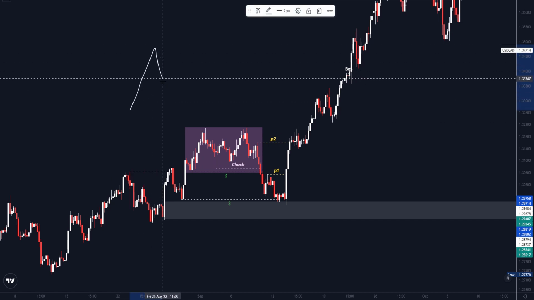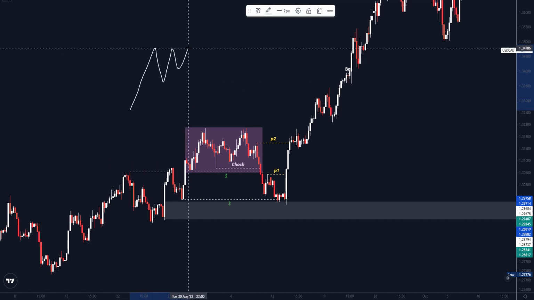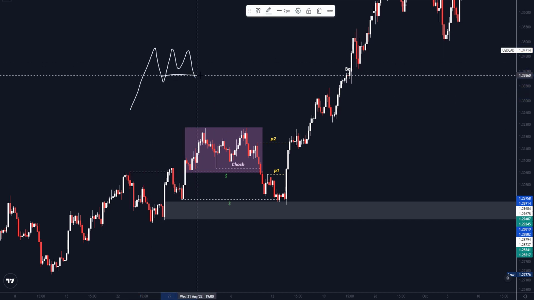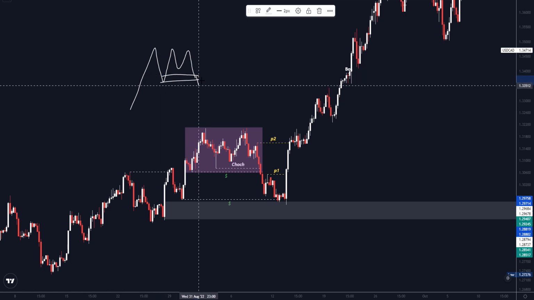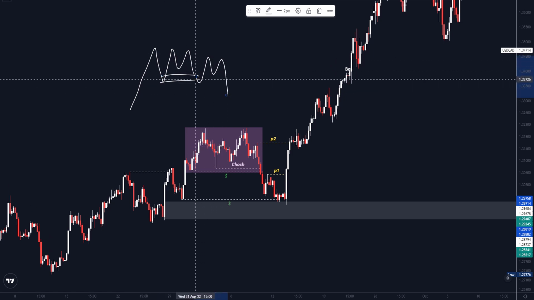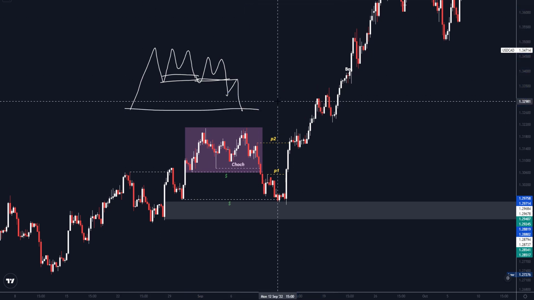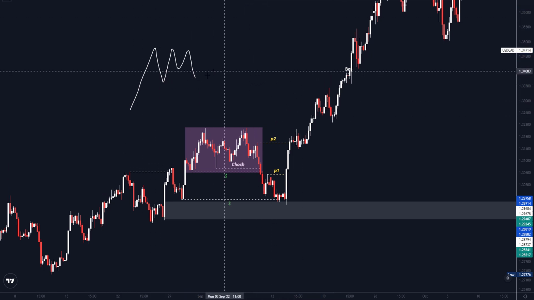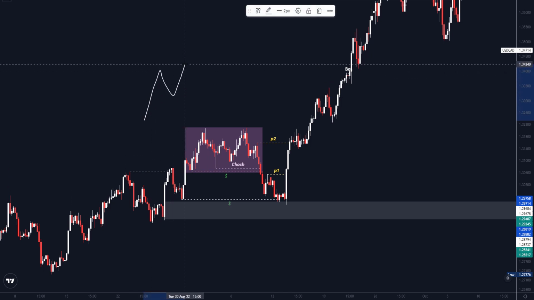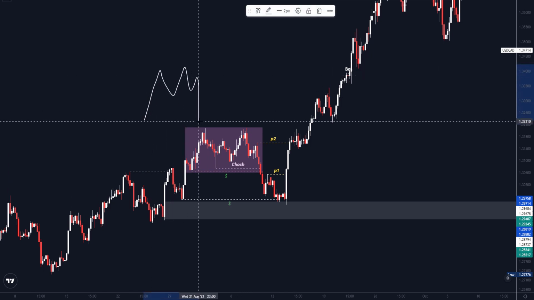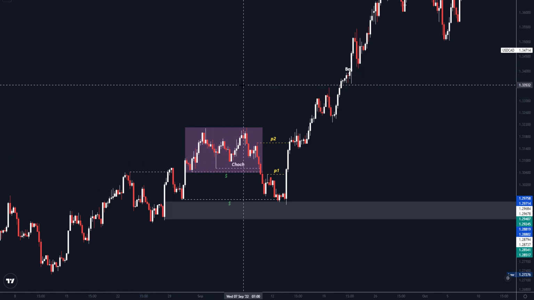And most of the time this is going to be something like that. So people will want to enter, let's say, in these areas. It will form another area, it will penetrate this area, and boom, go to the right place and then go. Okay, another one that we talked about is something like an M formation, and then we go instantly down.